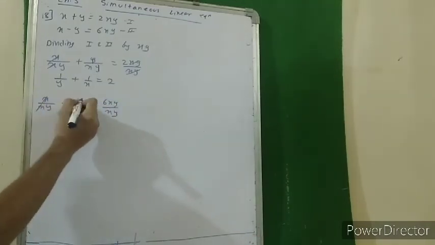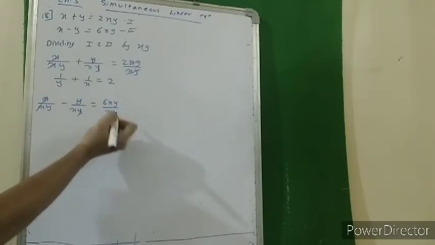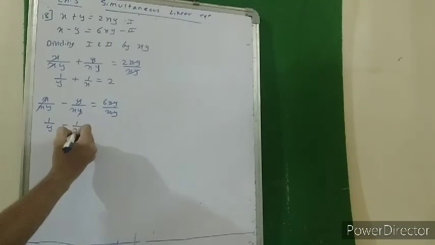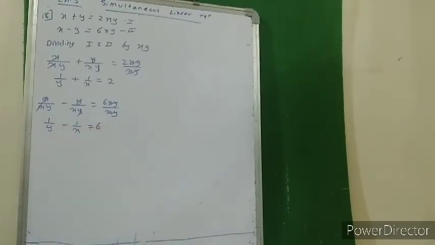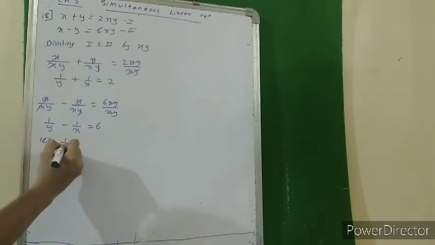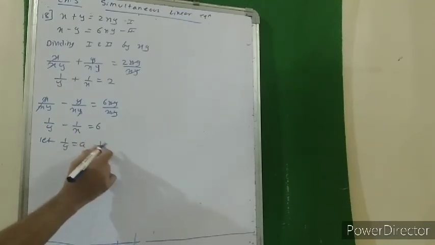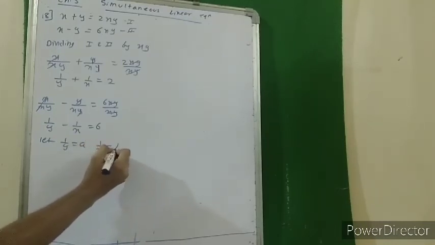So x cancel, y cancel, xy cancel. We have 1 upon y minus 1 upon x is equal to 6. Okay. So we have variables x and y in the denominator.